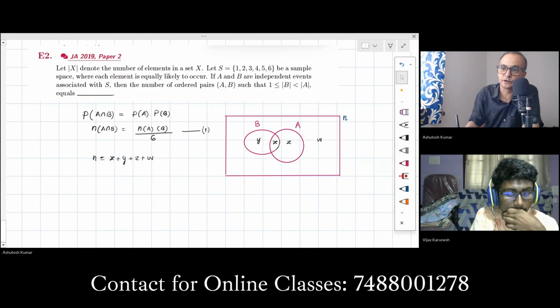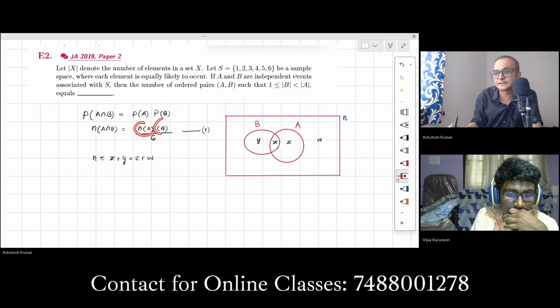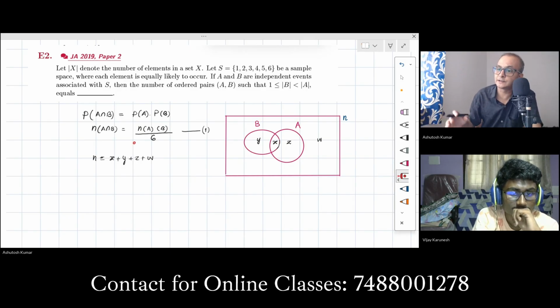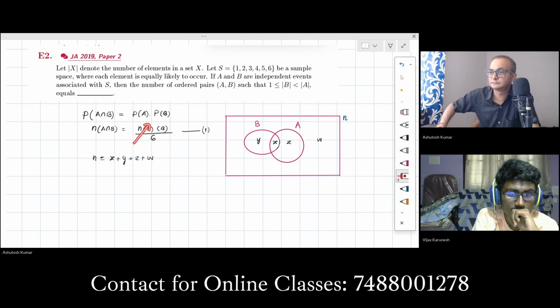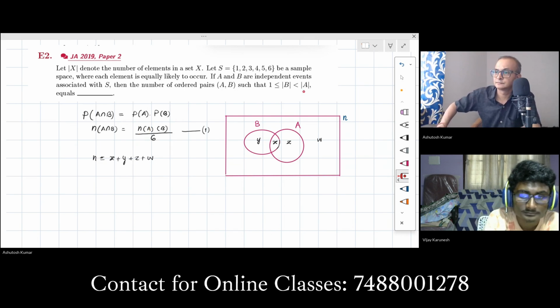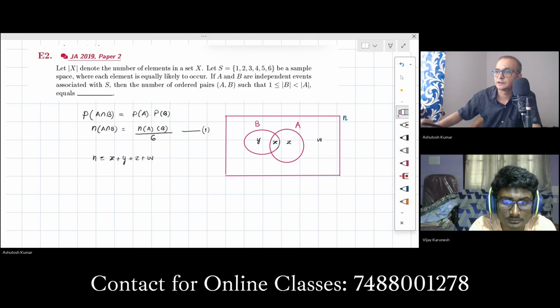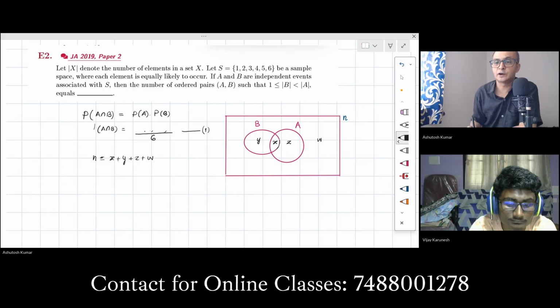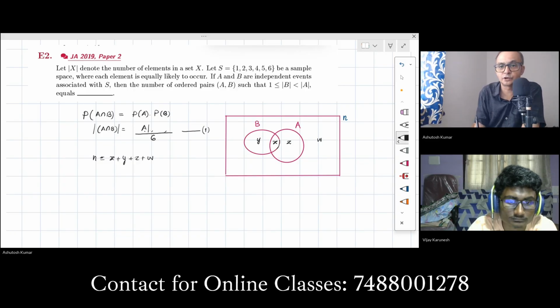Suppose you are giving some values here and here, say this value 3 and this value 2. Why are you giving 3 and 2? Because first of all it should be divisible by 6, but the other criterion is that the number of A should be larger than the number of B. Let me write the cardinality here, because in the question they have used this symbol, so it should not be confusing.